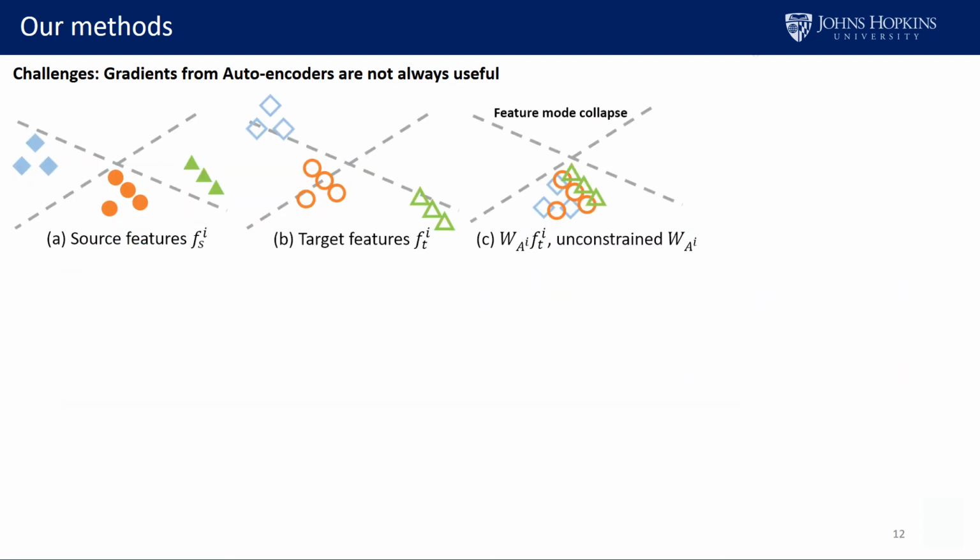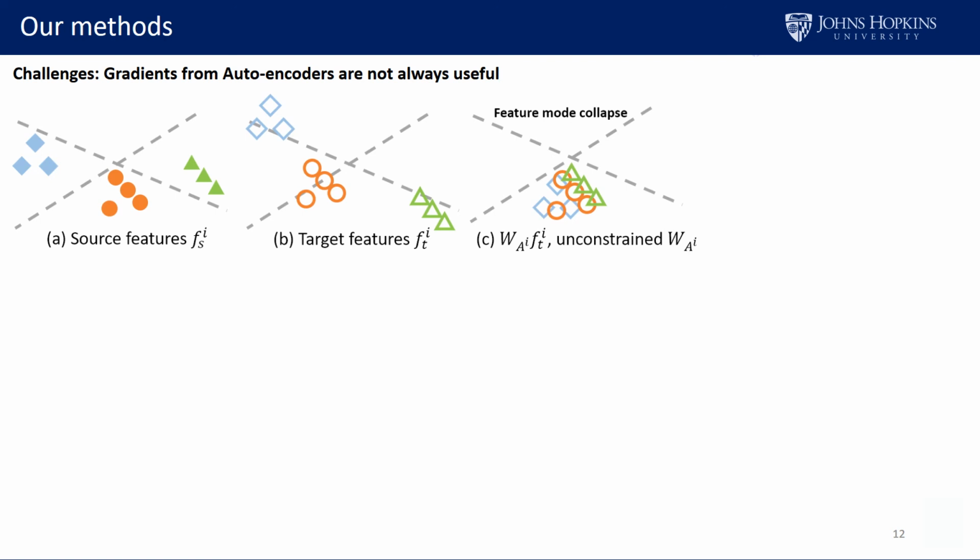However, this method has a major challenge. The gradients from autoencoders reconstruction loss are not always useful to train the adapters to align target and source features. On the left image, the dashed line is our trained classifier, and it performs well on source features, but it fails to classify the domain shifted target feature. If we don't constrain the adapters, we will have this feature mode collapse problem.